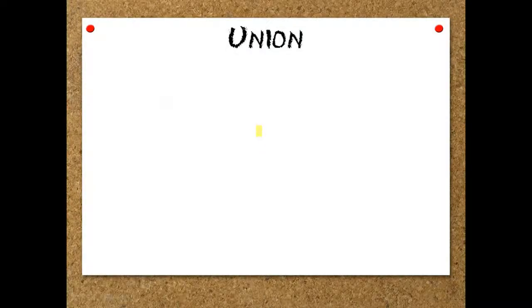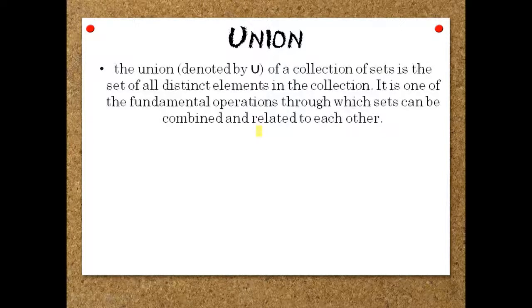The first set operation is the union. The union is denoted by ∪. Anyway, this symbol is used to show that two sets are united.